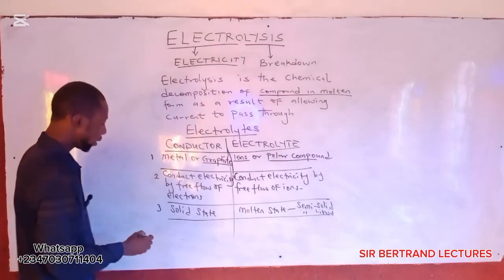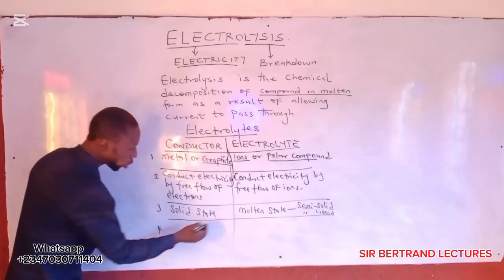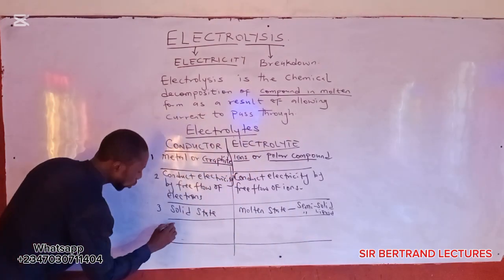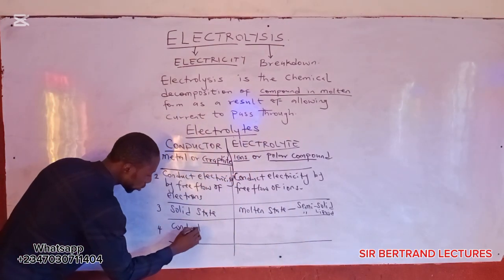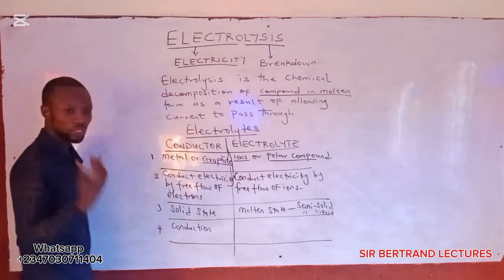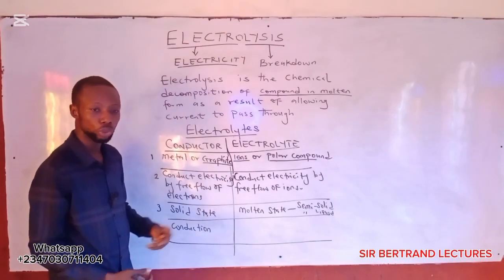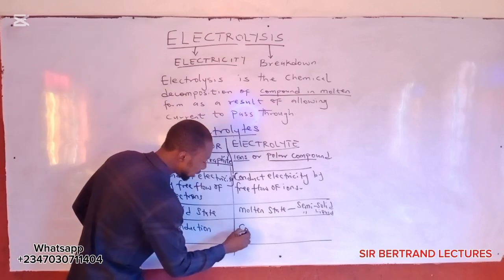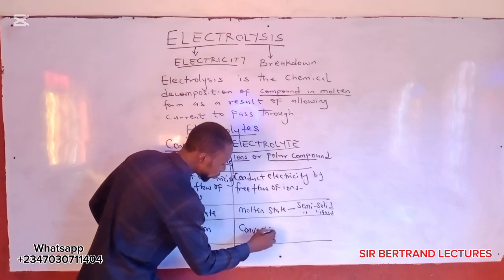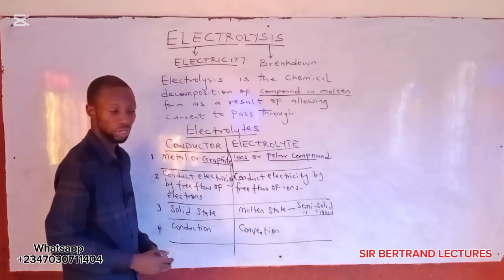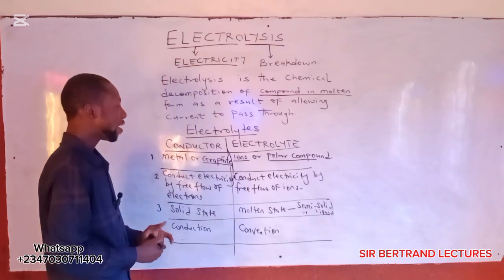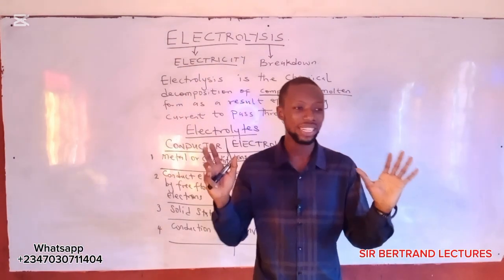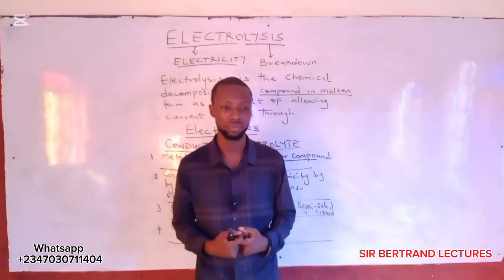Then number four, conductors conduct electricity by conduction, while electrolytes conduct electricity by convection. Is that okay? Now, having said this, we are going to look at the electrolytic cell.